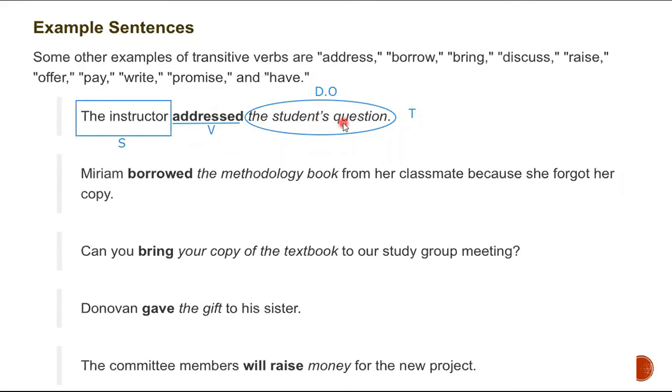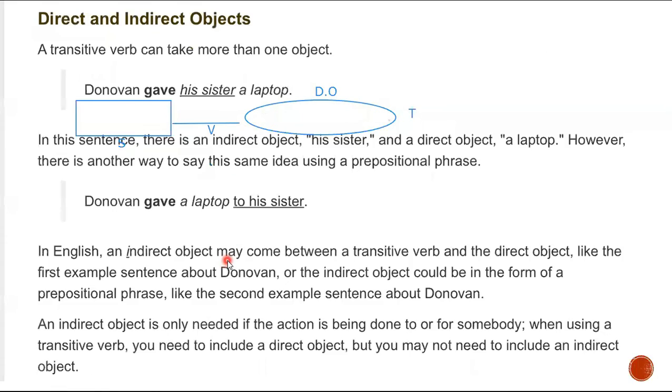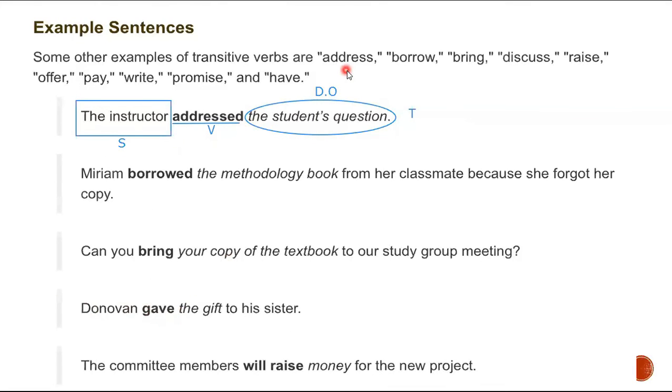Imagine this way. I'm gonna put you in this example. Let me erase this. Do you already remember this? Let me erase all this, and I will put you this example this way. Imagine that in this example, Donovan gave the gift to his sister.